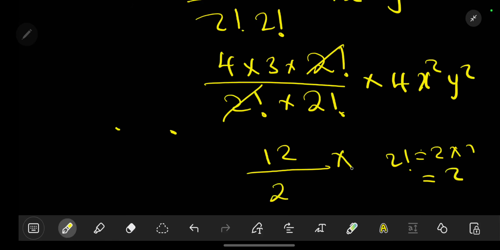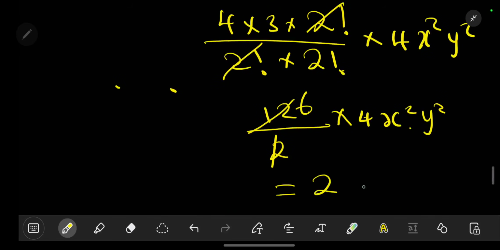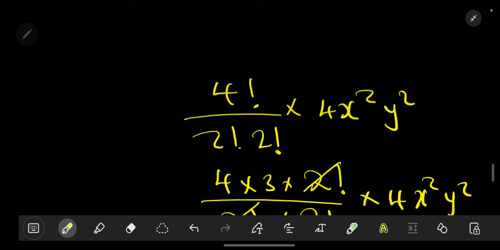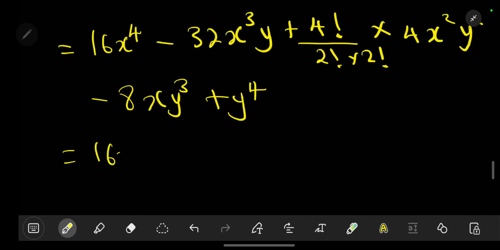So we have 2 times, we are going to have a value that is equivalent to, we have 4x squared y squared. This and this cancels. We are going to remain with 6. 6 times 4, it will give us a 24. So we have 24x squared y squared. So that's the value there. So we are going to write our 16x to the power 4 minus our 32x to the power 3y.